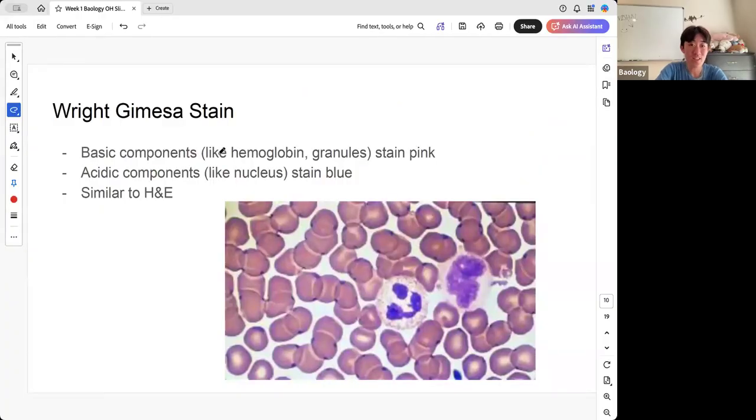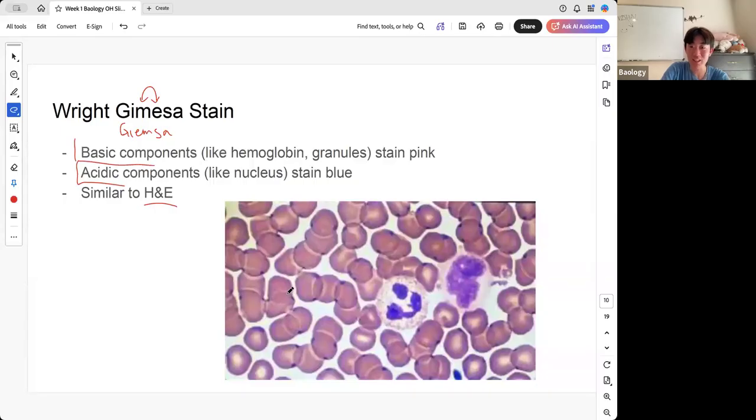Ooh, I think there's a typo here. Wow, I'm glad that I have enough knowledge to know this. It's the Giemsa stain. I'm not sure about the pronunciation on that, but similar to H&E, it also has a basic component and an acidic component.